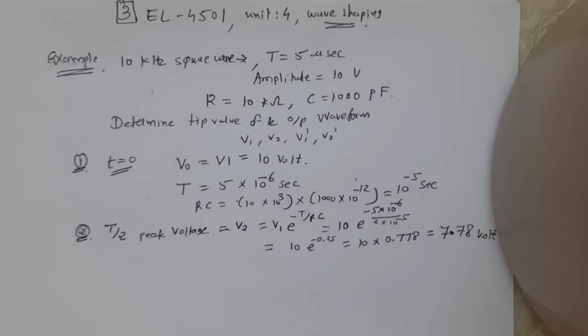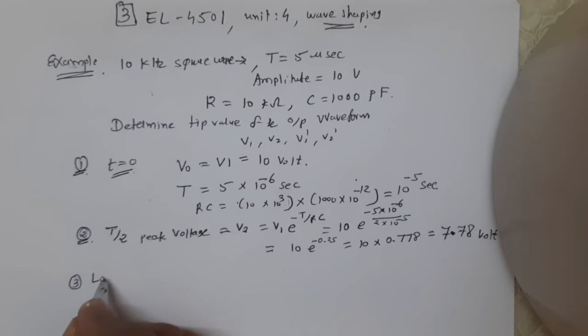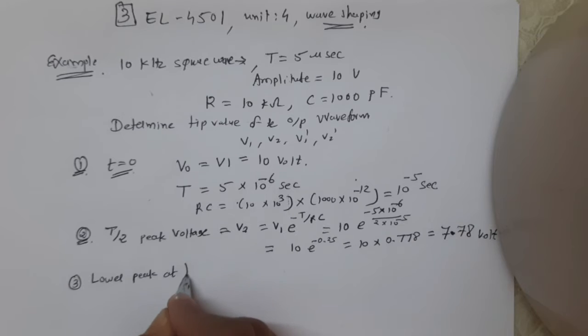The third one is the lower peak at half period, right?